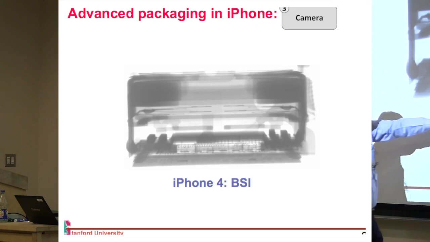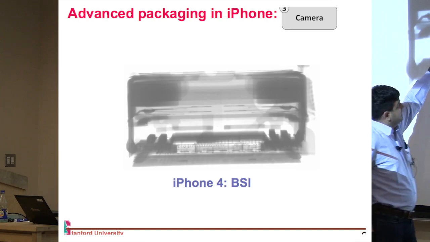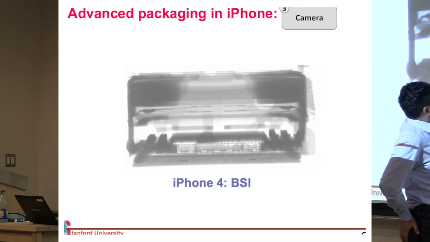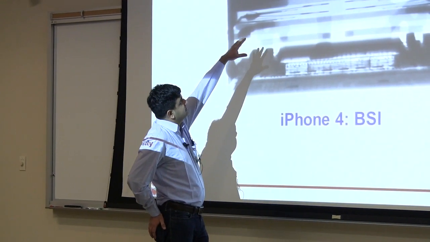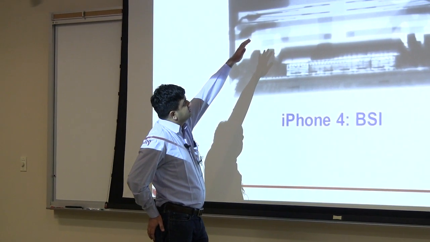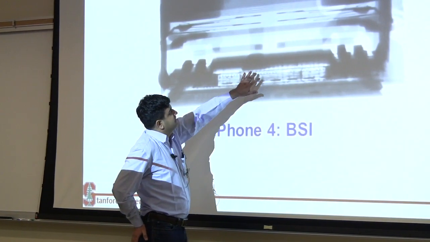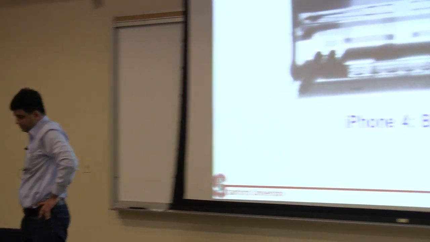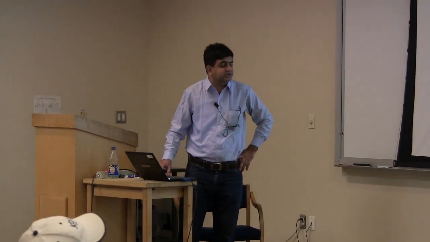When people moved to 4S or iPhone 5, you can see this metal wiring is at the back, and your image sensor, the part which is receiving the light, is facing your lens directly. The iPhone 4S has 5 of these lenses on the top, and you have nothing interfering between the light coming from your lens and hitting your image sensor. This is one of the reasons you get much better photos with BSI technology, or backside illumination.